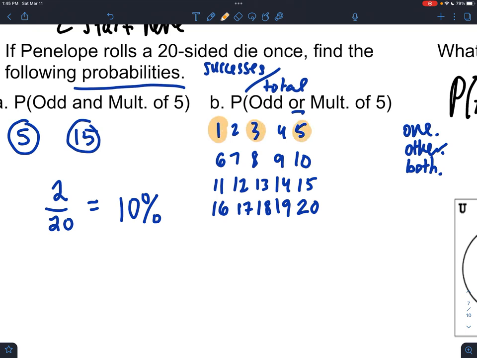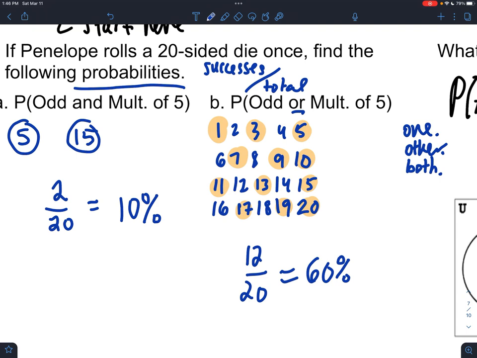And sometimes this is just the best way to do it. So anytime a number's odd, we're going to count it. And anytime a number is a multiple of 5, we count it as well. So if you tally up all of those, I think we get 12 out of 20, which is 60%.